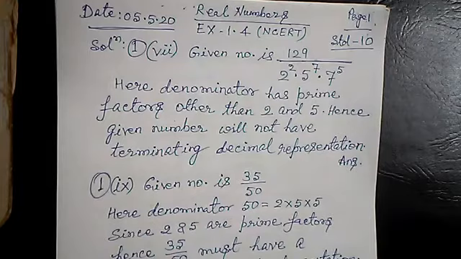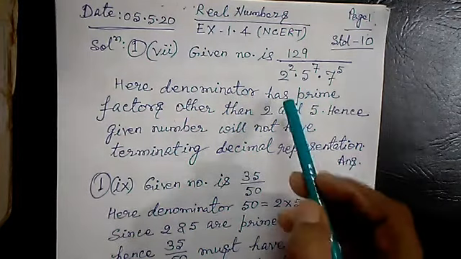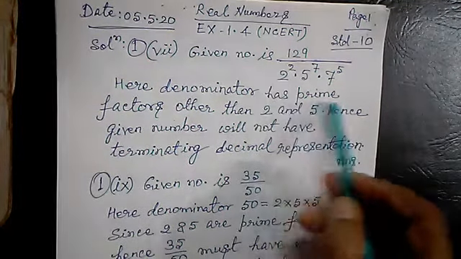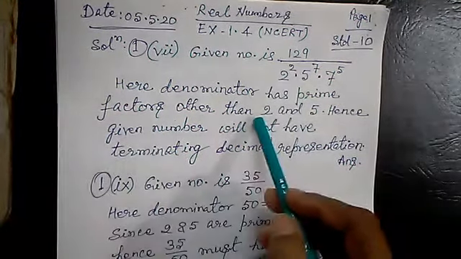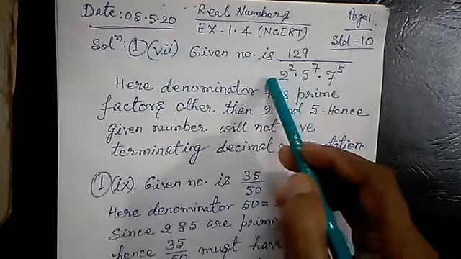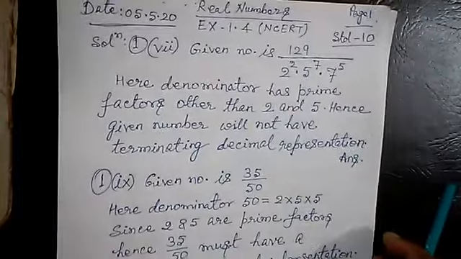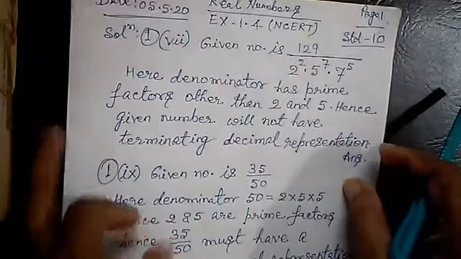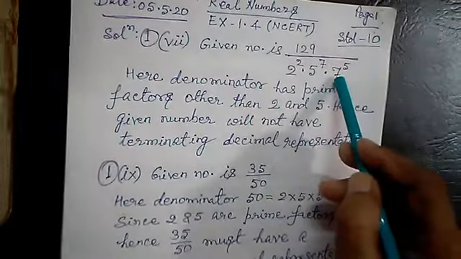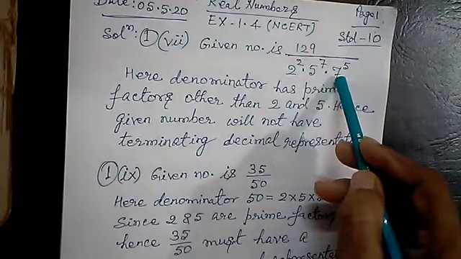Now you see the denominator. Obviously, it has prime factors other than 2 and 5. In the denominator, apart from 2 and 5, 7 is also there as a prime factor.